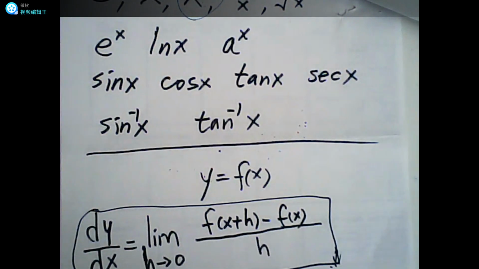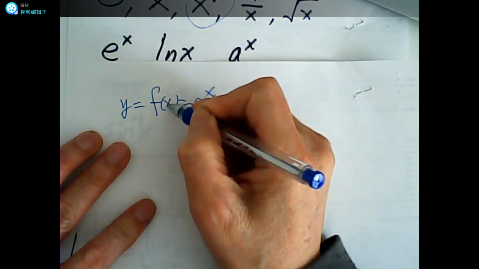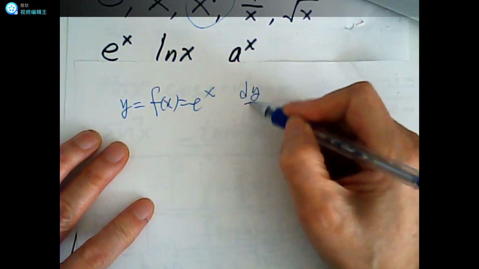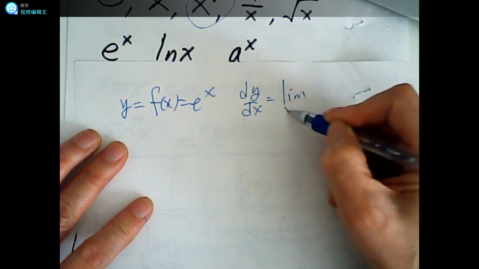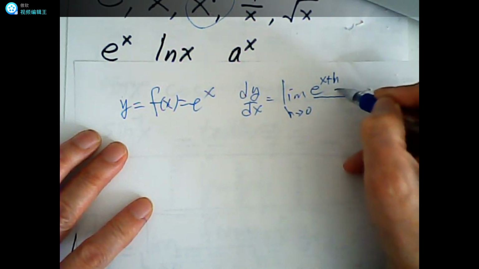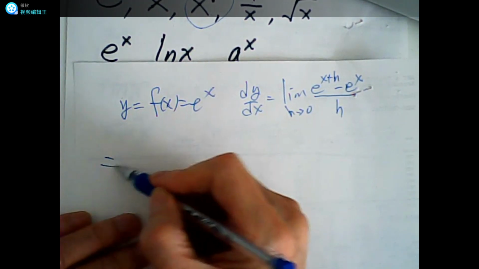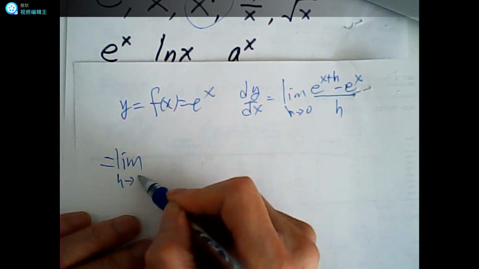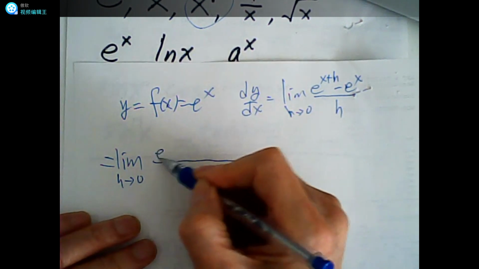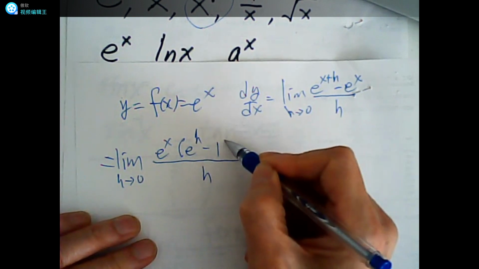I lost my place, let me do it again quickly, okay. y equal to f of x equal to e to the power x, and we're looking for dy dx. This is equal to the limit as h approaches 0 of e to the power of h plus x minus e to the power of x over h. Now this is equal to the limit as h approaches 0, and e to the power of x is a common factor, e to the power of h minus 1.